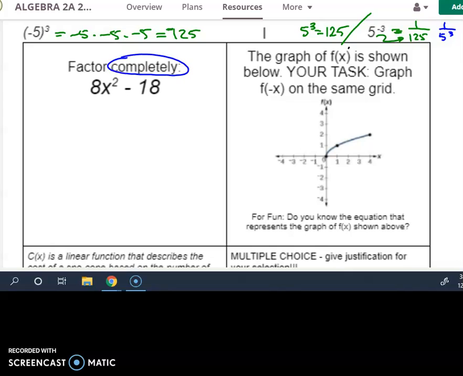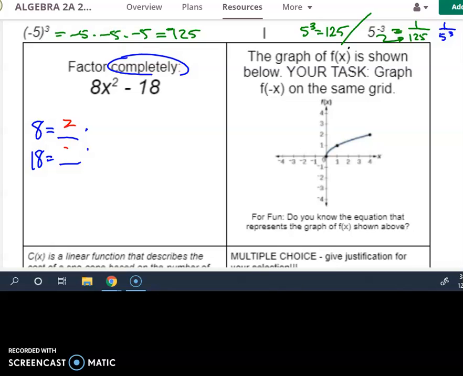In the first calculator problem, the word completely is always a hint that there must be something that we can factor out of both, in this case, both terms. It won't be an x because the first term has x's, but the second term doesn't. So our focus will be on the numbers. So I'm looking for a common factor that both the 8 and the 18 share.